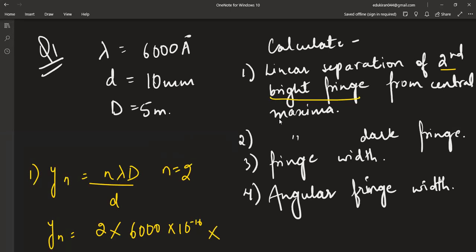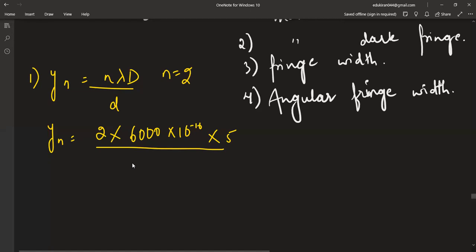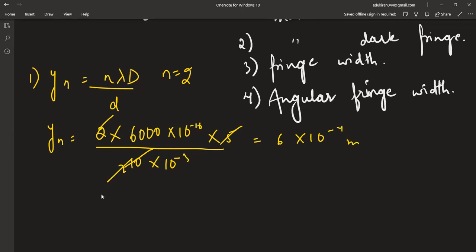Separation between the screen and the slit is 5 meters, separation divided by 10 millimeters, 10 into 10 to the power minus 3. So 5, this becomes 2, 2 and 2 cancelled. This is 6 into 10 to the power minus 4 meters.